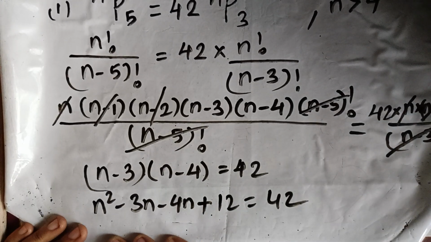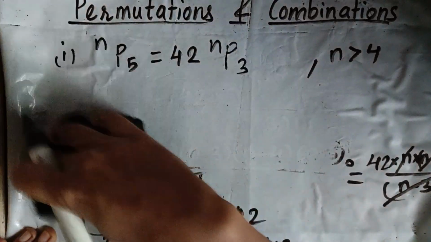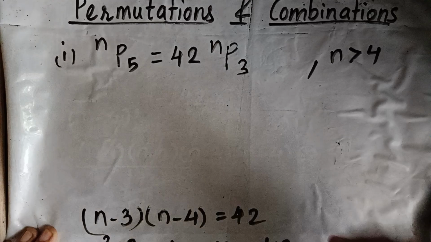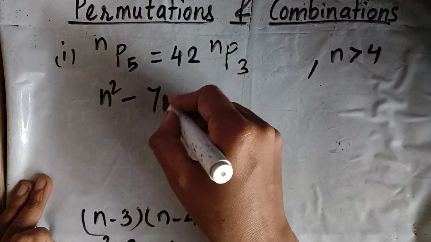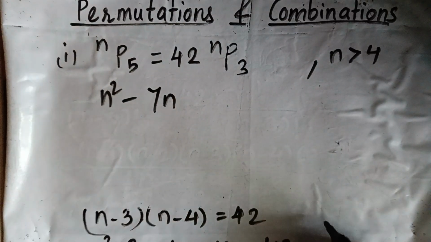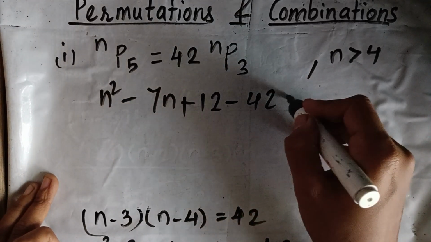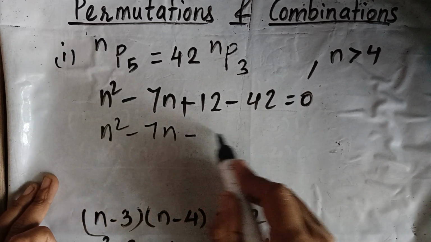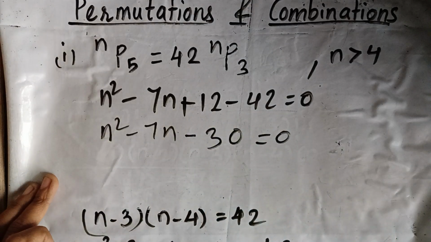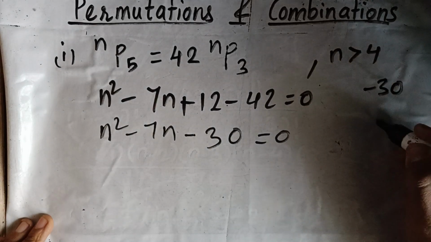So we will get a quadratic equation: n square minus 7n plus 12 minus 42, so it will be minus 30. Okay, so factorization, minus 30 and minus 7.